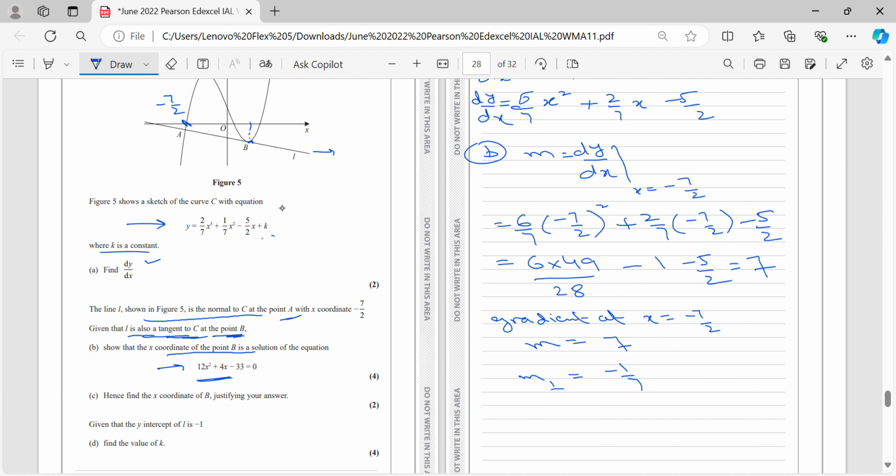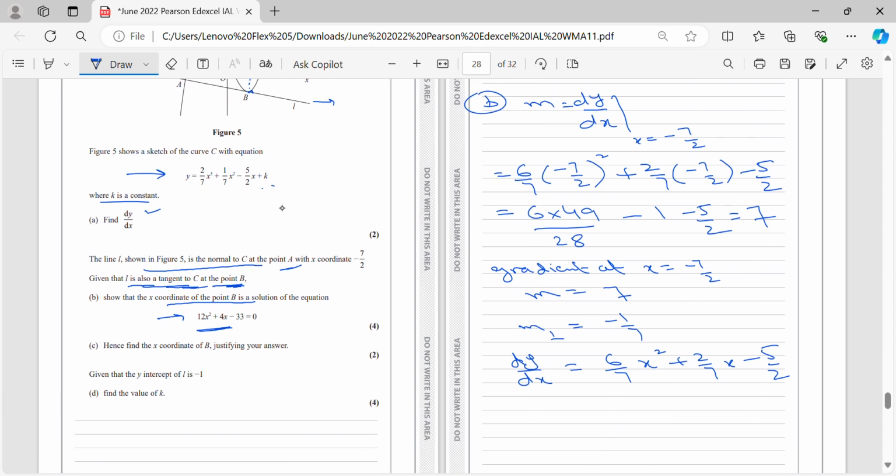Right? So I know the gradient is 6 over 7 x squared plus 2 over 7 x minus 5 over 2. This is the gradient of L. And because this line is perpendicular, the gradient here is minus 1 over 7.